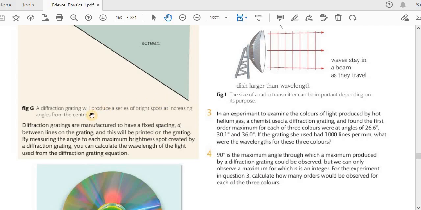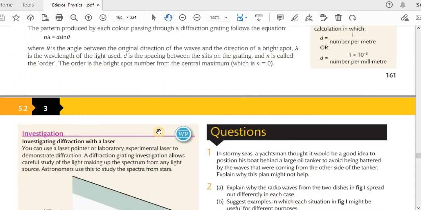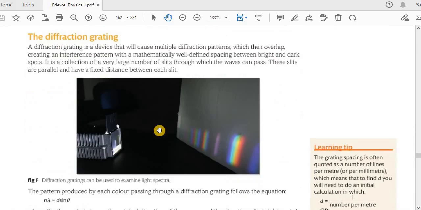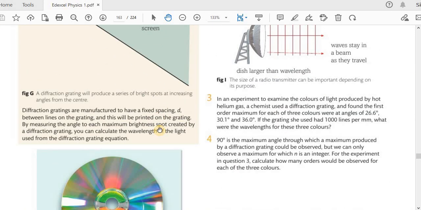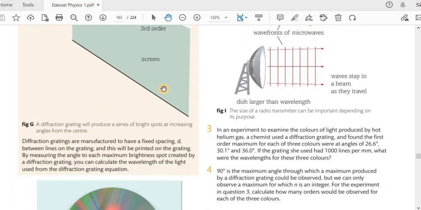A diffraction grating will produce a series of bright spots at increasing angles from the center.